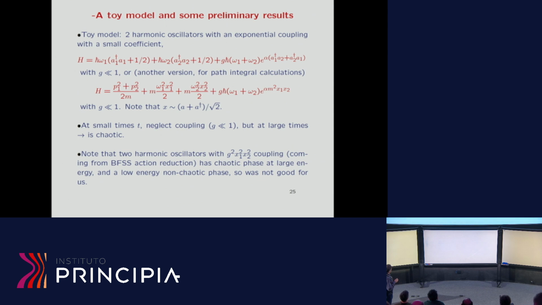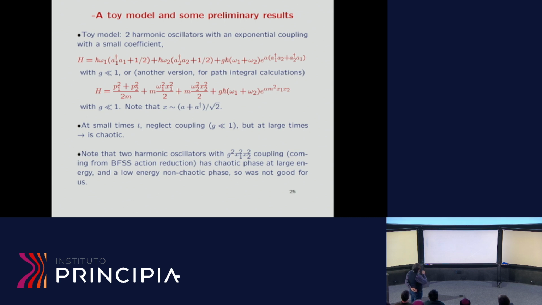this would be very small, whereas at large times this will grow. So in principle, this shows a chaotic behavior at large times. No, but x depends on time, right? So in practice, x1 and x2 are depending on time.